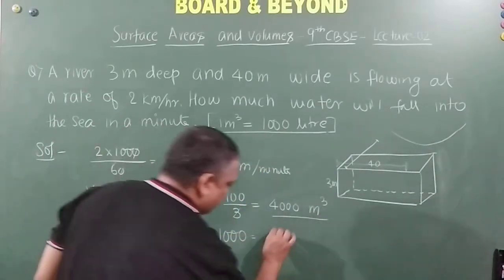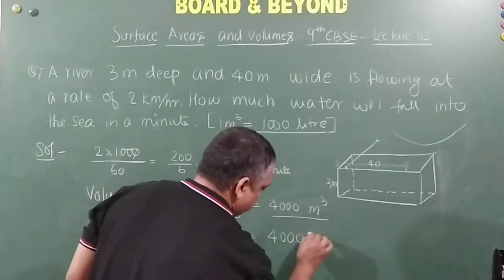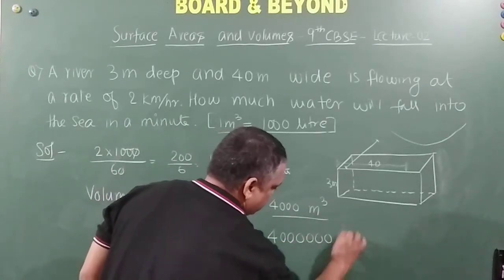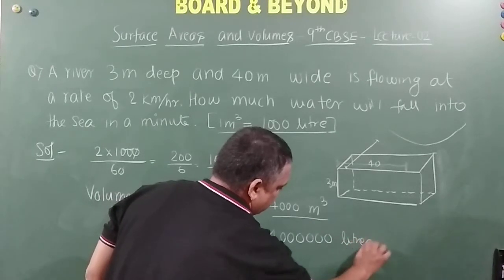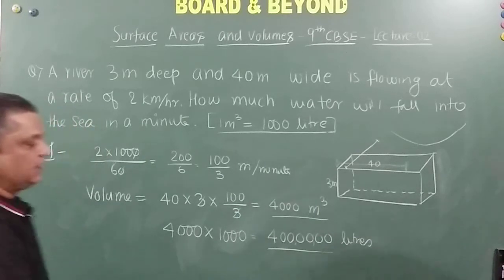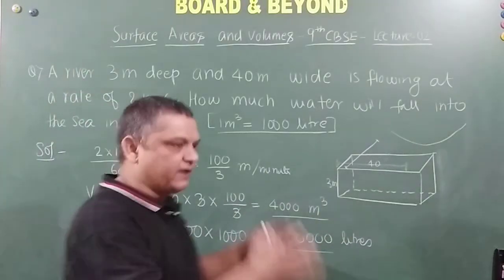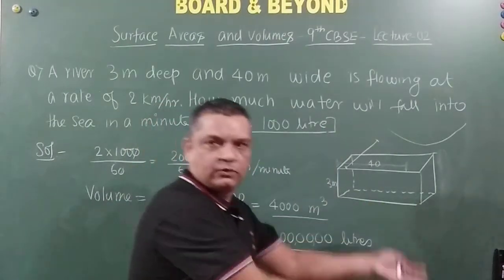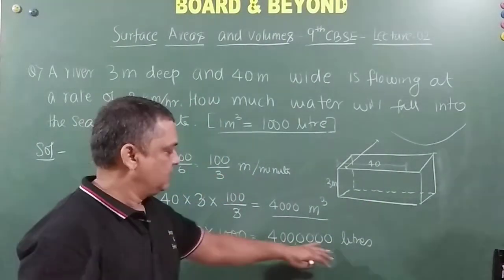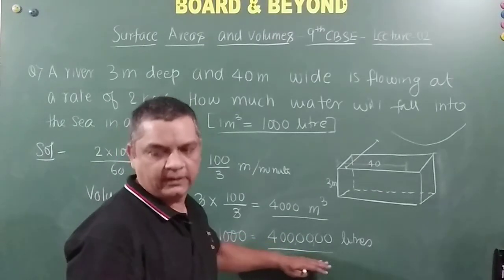That is equal to 4 followed by 3 plus 3, 6 zeros, 1, 2, 3, 4, 5, 6 zeros liters. So in 1 minute, the volume of water which will flow through that river and get into the sea will be this many liters.